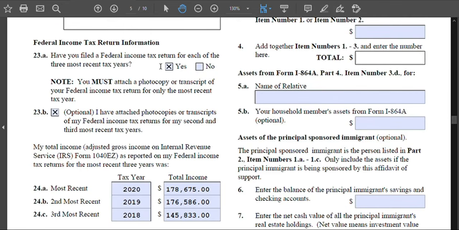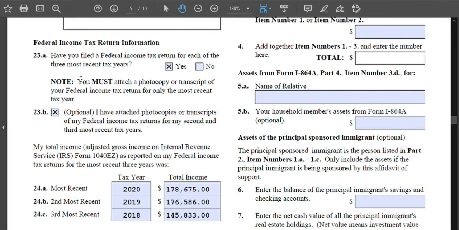So for example, if in 2020 you filed your taxes and 2019 you did, but then in 2018 you were a student or you didn't make enough income, you didn't have to file for whatever reason, then you can select no, obviously, and then explain on the additional information page.